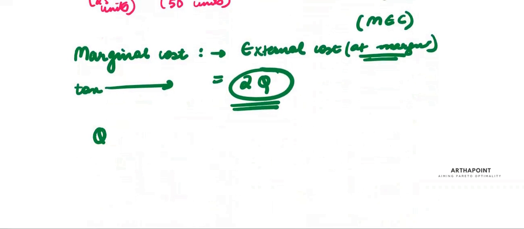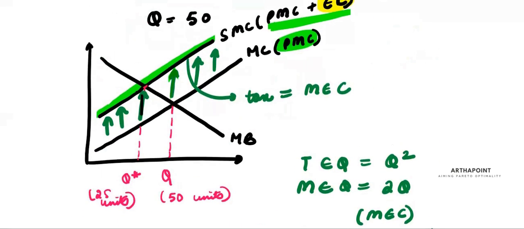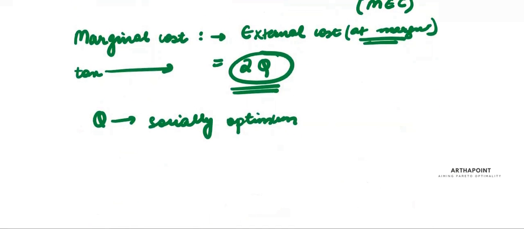Now, what should be the value of Q? That value of Q which you desire socially optimum. Ideally you want the cost curve to shift upwards at the socially optimum level, so that this comes out as the new equilibrium. So you charge a tax equal to 2 into the socially optimum level, Q star.